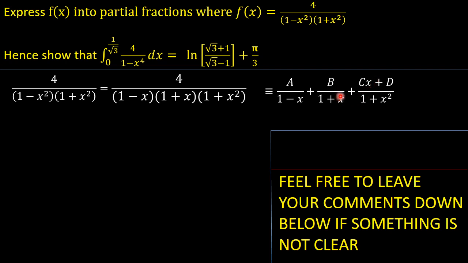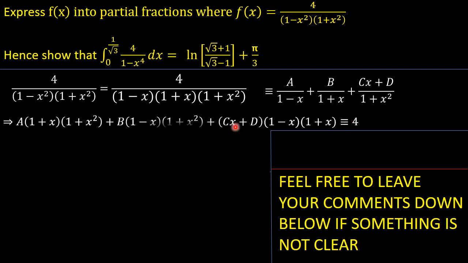Alright, good. So now if we multiply all through this equation by the LCM, namely (1 minus x) into (1 plus x) into (1 plus x squared), we are simply going to have a into (1 plus x) into (1 plus x squared), because 1 minus x will cancel.